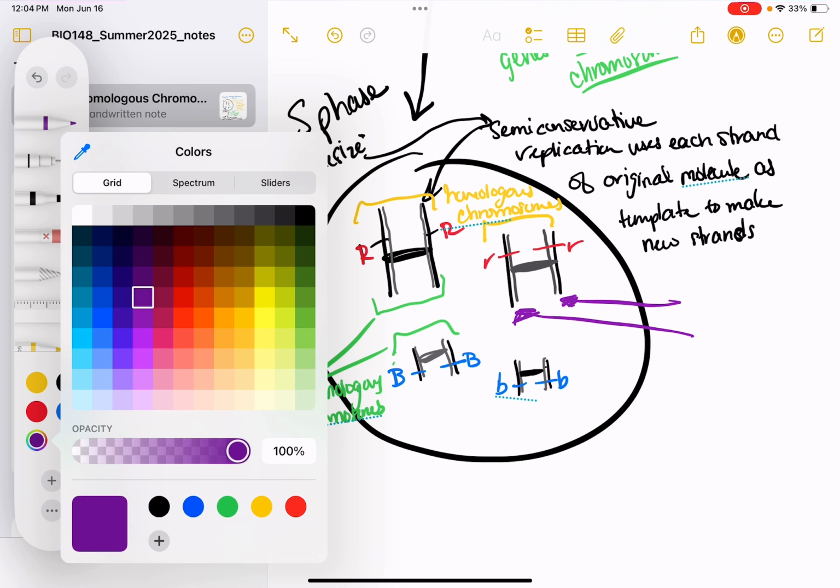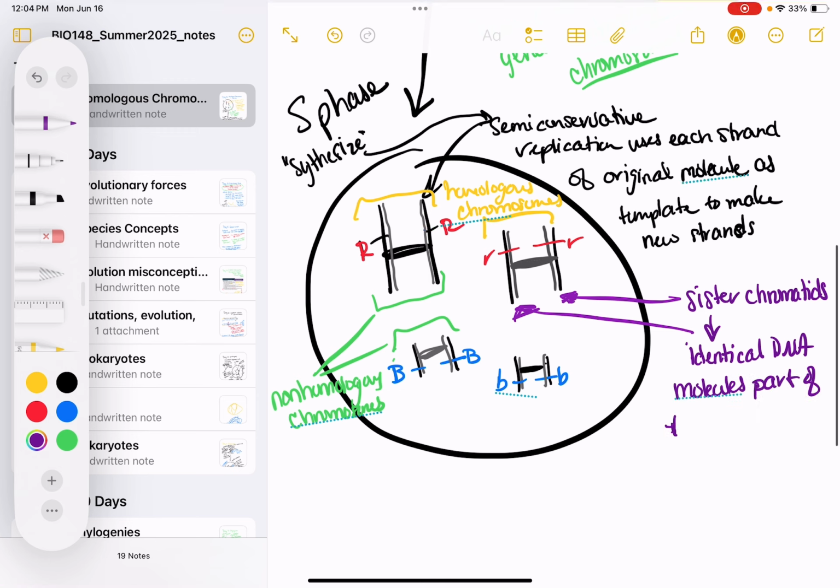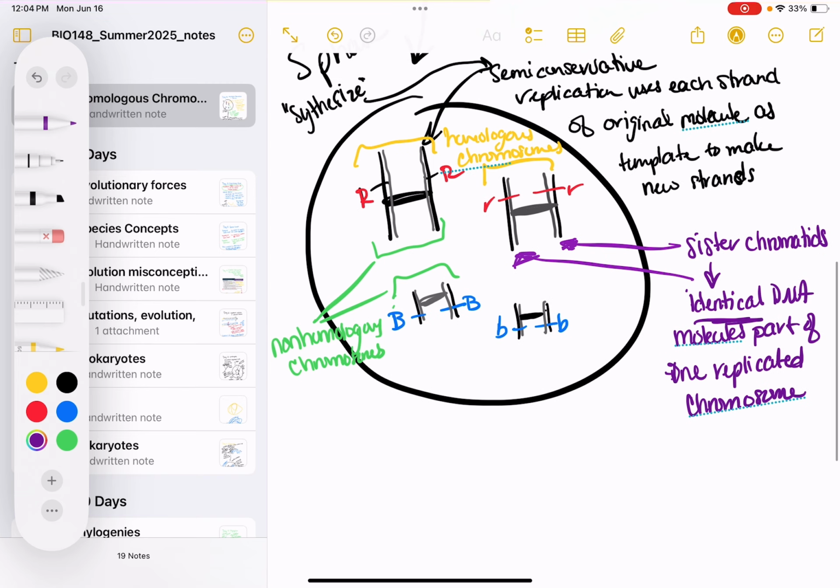So here, two DNA molecules that are part of the same chromosome, okay, remember are called sister chromatids. And they are identical DNA molecules that are part of one replicated chromosome, okay? So they're identical, they're going to have the same genes and the same alleles, okay?